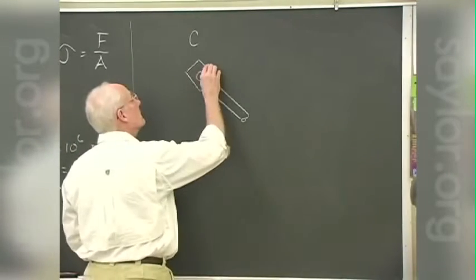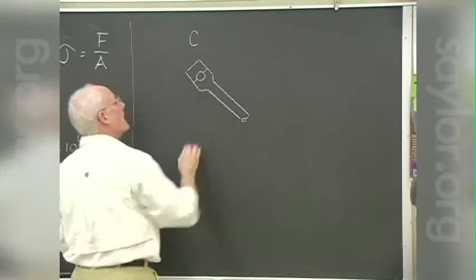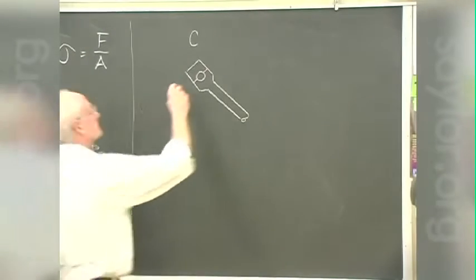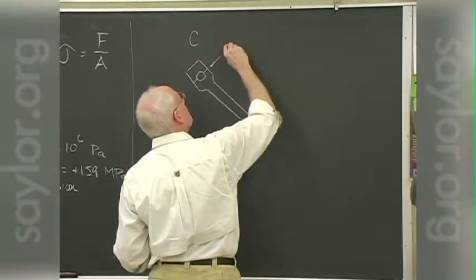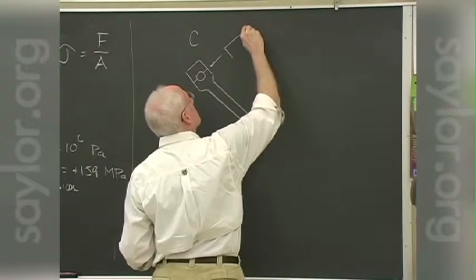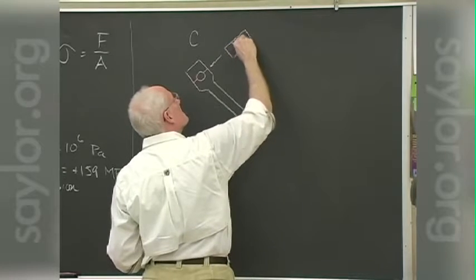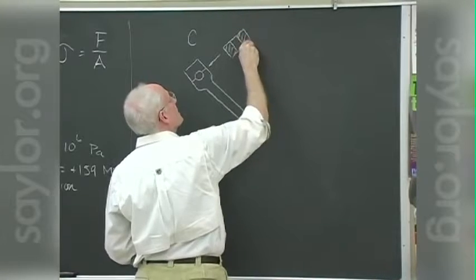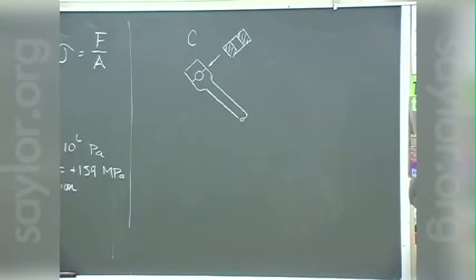If we look right across there, that area still needs to withstand the 50 kilonewton load. If we look at it in cross-section, it looks something like this. There's the hole, and there's the cross-sectional area that's trying to withstand that 50 kilonewton load, because the 50 kilonewton load hasn't changed anywhere along the piece.